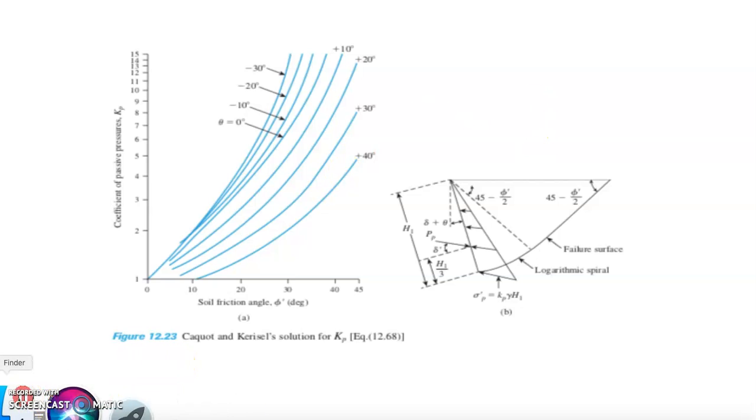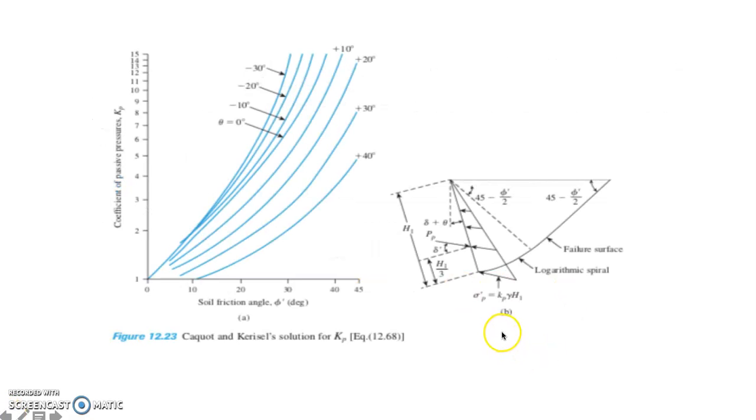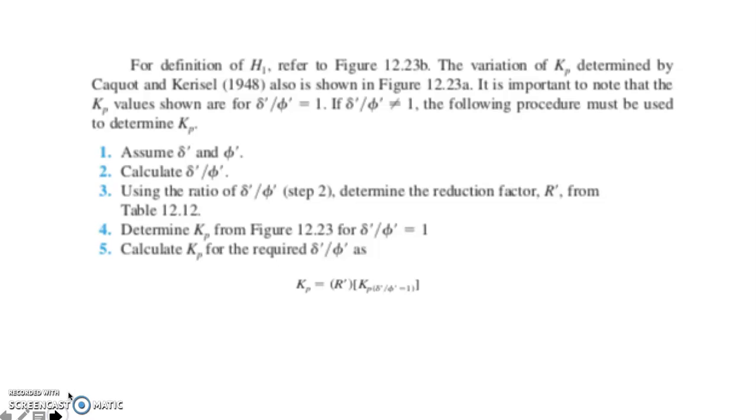For the definition of H1, we refer to figure 12.23b, and the variation of K sub P determined by Caquot and Kerisel is shown in figure 12.23a. We have to take note that the K sub P values shown are for delta over phi prime equal to 1.